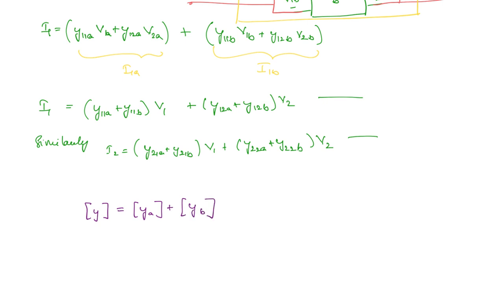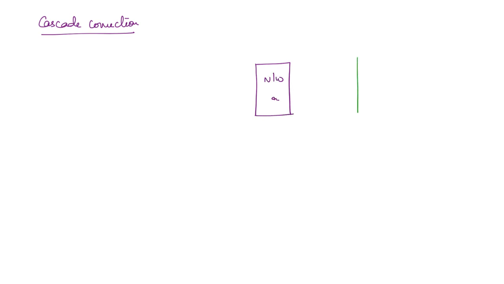And finally, another major connection is the cascade connection. So that means the output of one two-port network will be given as the input to the second two-port network. So let us take a two-port network A here. And here we have a two-port network B. So this has the input port V1A, I1A, and the output port is I2A, V2A.